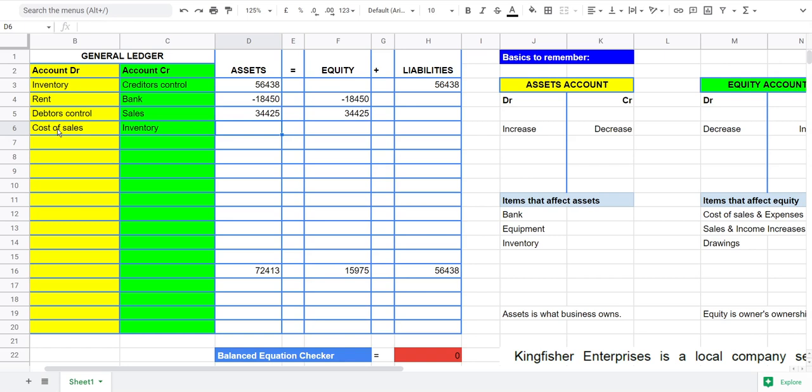Okay, then you're going to say minus 25,500. So if you look at the balance, the equation checker there, it's not zero anymore, right? And if by any chance we make a mistake and say 25,500, it's not going to be zero. So we must have the correct input to say that the equity is going to decrease by 25,500 because cost of sales is an expense account, right? It is showing us that we spent some money on things.